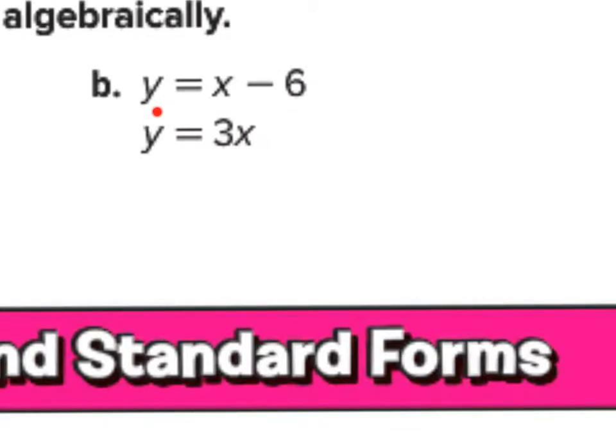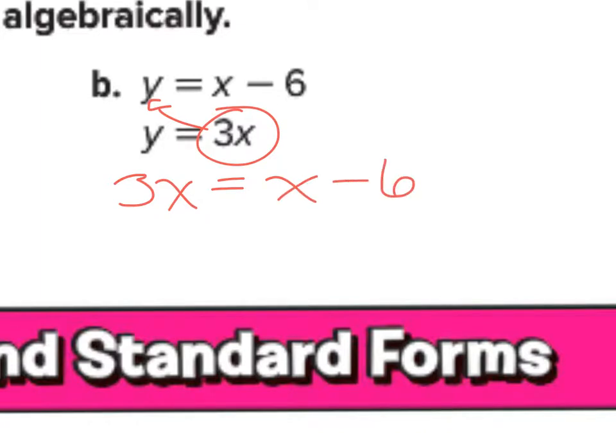Question B. Okay, y equals x minus 6 and y is 3x. Let's replace that 3x right here in the y because that's what y is. And now I have 3x equals x minus 6. Now how would I isolate this so that I'm able to identify what my x is? Well, I could simply bring this x over to the other side and subtract it.